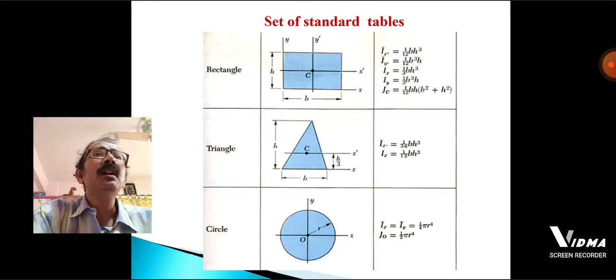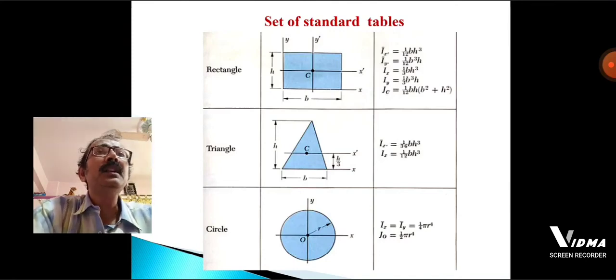Similarly I_y dash is b cube h by 12. And I bar x and I bar y are bh cube by 3 and b cube h by 3. And J_C, the polar moment of inertia, is bh by 12 into (b square plus h square).